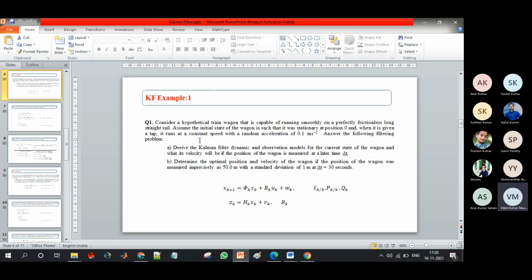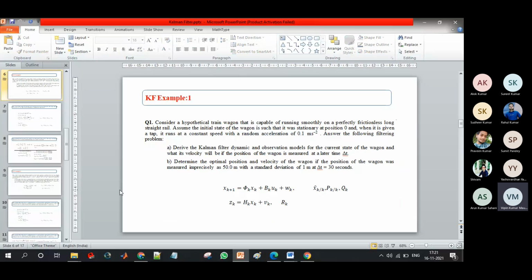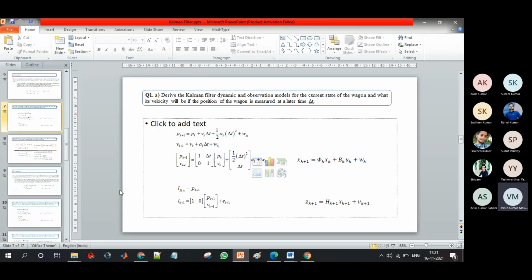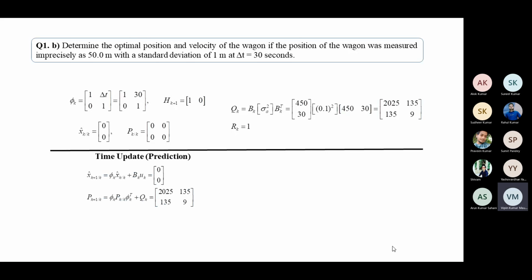Yes, you can see what was that? With a random acceleration of 0.1. So this random has been taken here as mean 0. When it is taken as mean 0, in this equation, this uk, because you are taking it here as an estimate. Suppose we are taking it as a mean, so the mean of a random thing will be 0. Okay, so that's why the whole thing was 0.